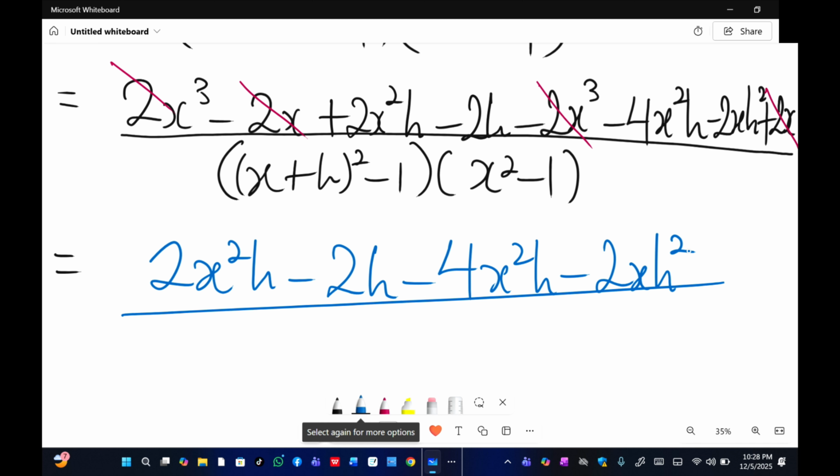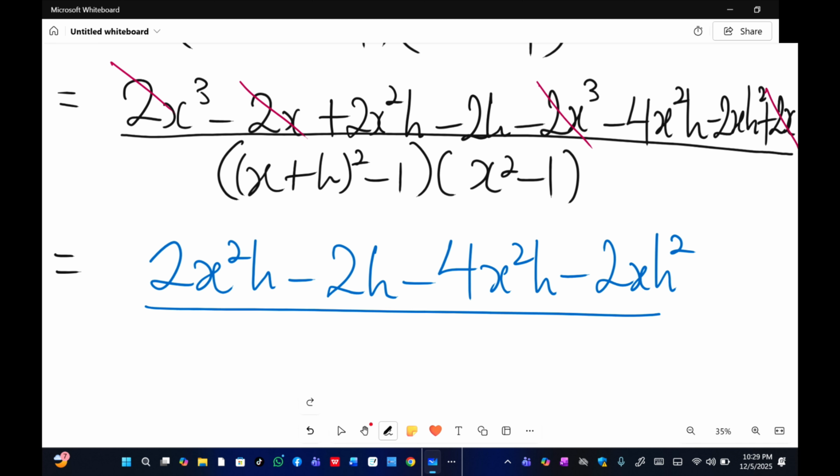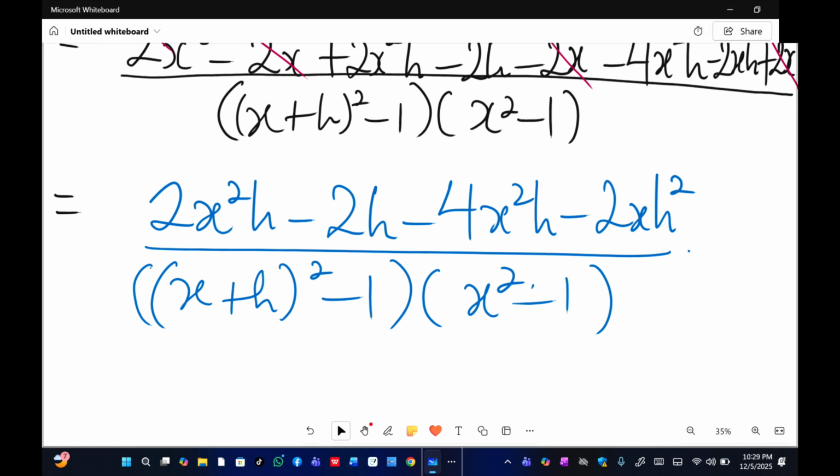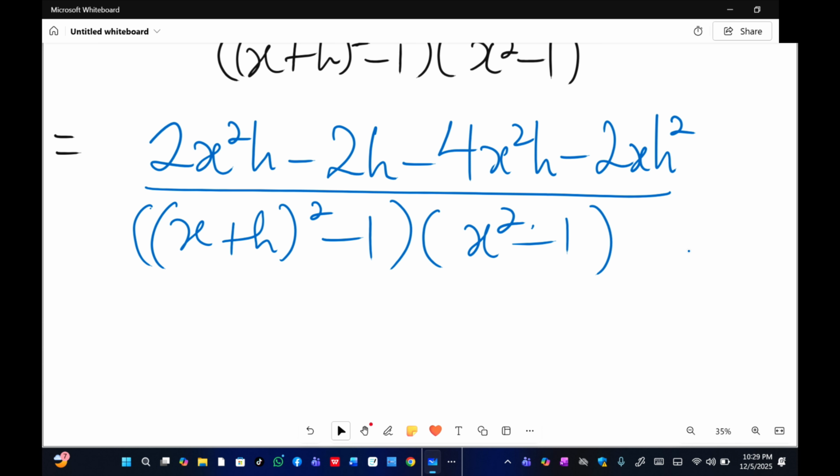All will be divided by x plus h squared minus 1 in one bracket, multiplying x squared minus 1 in another bracket. So we continue, we are still working on the numerator.